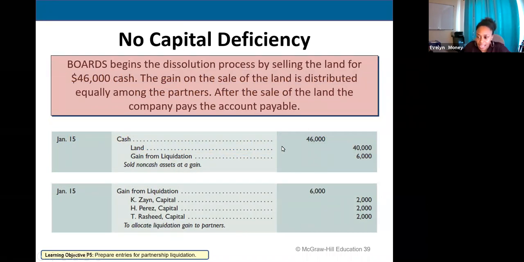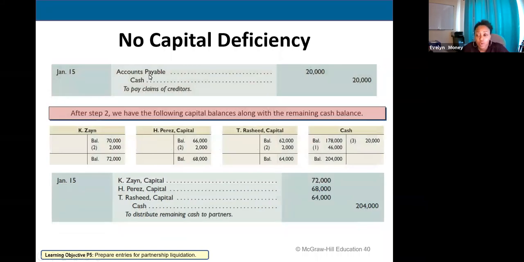We allocate the gain to those partners, and it's allocated equally in this situation. Now we're going to use the cash from the sale of that land to pay off our debt. So we pay off all of the accounts payable. That's gone. At this point, the only thing that's left on our books is cash of $204 and all of the partners' capital accounts with a total of $204.